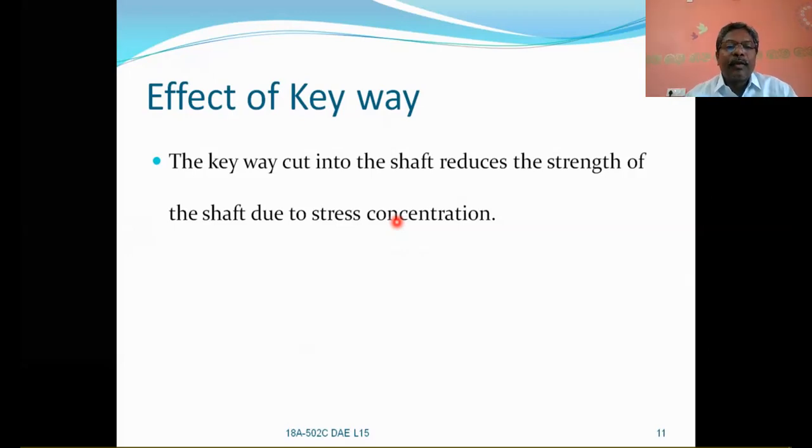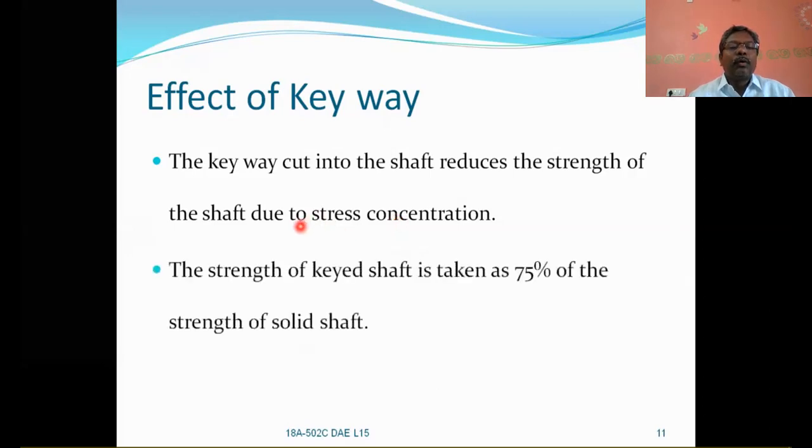Number 2, the strength of a keyed shaft: the strength of a shaft with a keyway is reduced by 25%, so the strength of the keyed shaft is taken as only 75% of the strength of the solid shaft.